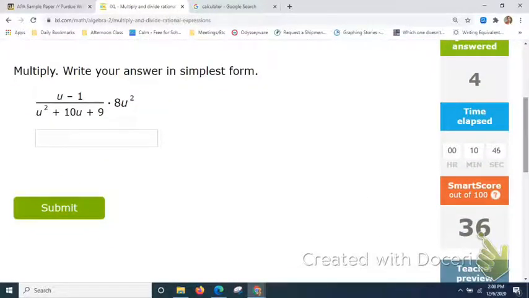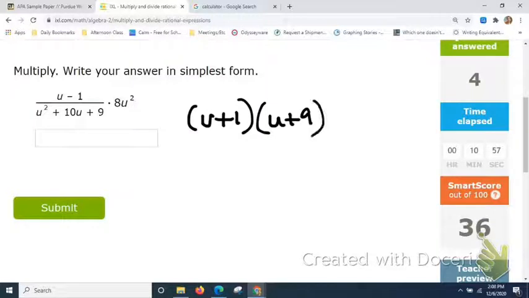Now, sometimes it's going to look like maybe things could factor, but then they don't, or they factor but nothing cancels. So for instance, in this problem, the bottom does factor to be u plus 1 and u plus 9, but is that helpful?